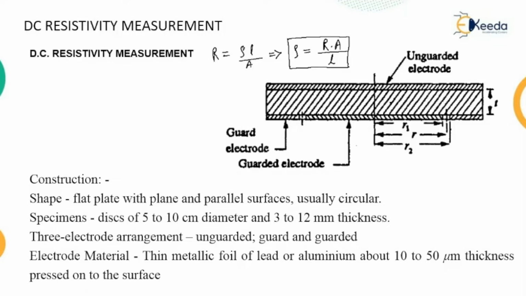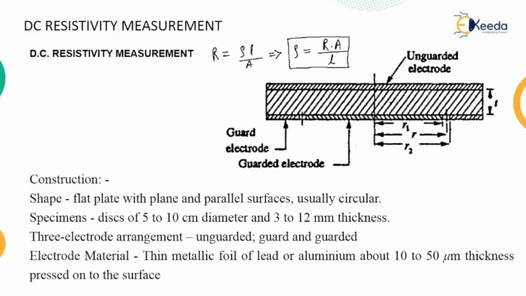The specimen shape and the electrode arrangement should be such that the resistivity can be easily calculated. We have to do the calculation of that resistivity based on the particular specimen shape and electrode arrangement. For a solid specimen, the preferable shape is a flat plate, as the specimen may be solid or liquid.